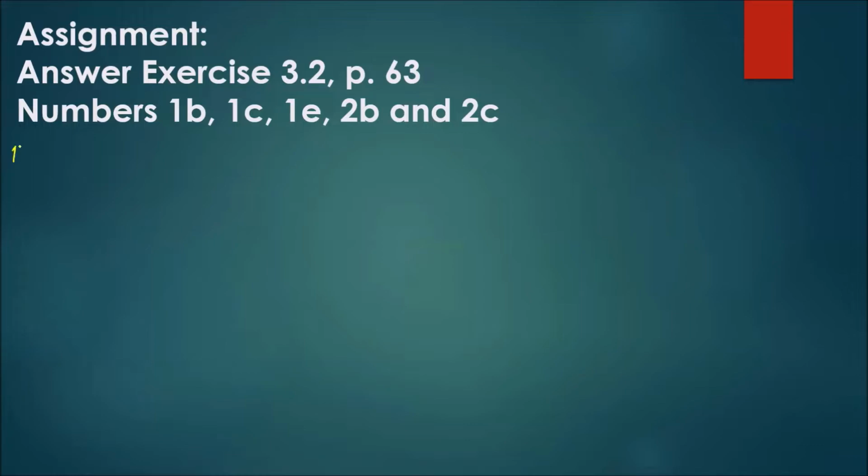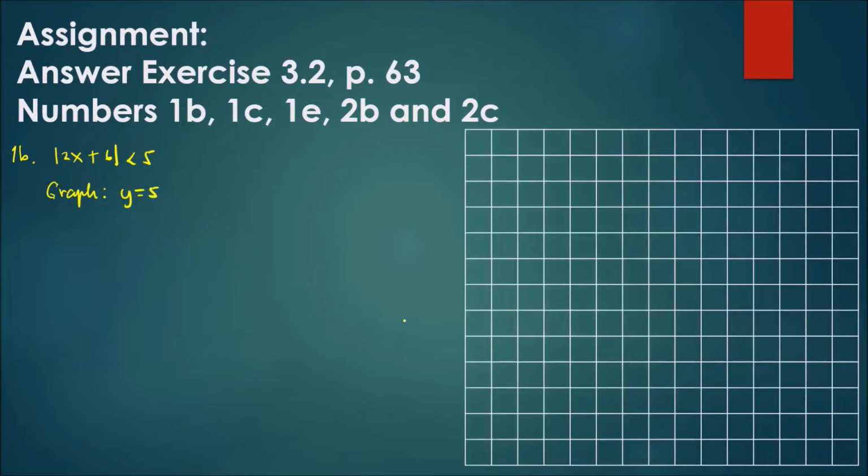Okay. So let's begin with 1B. You are asked to solve graphically the modulus of 2x plus 6 less than 5. Solving this graphically, let's start with graphing y is equal to 5.